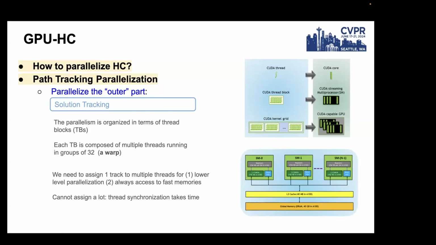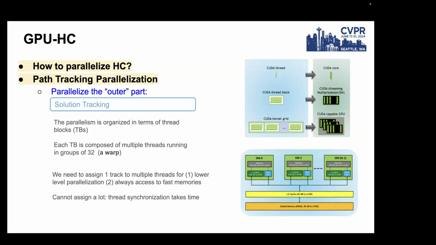We can see the memory structures over there. A thread block can access its registers and L1 cache. They are 100 times faster than L2 cache and global memory.